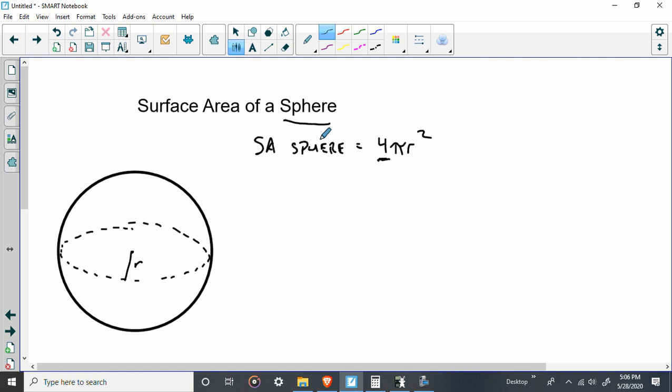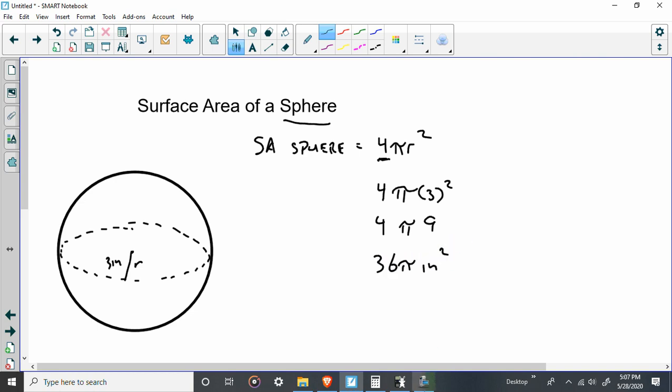So real straightforward, if I told you the radius of the sphere is, I don't know, 3 inches, then really all you have to do to find the surface area is say, well, it's 4 times pi times 3 squared. And 3 squared is 9, and 4 times 9 is 36. So 36 pi inches squared.